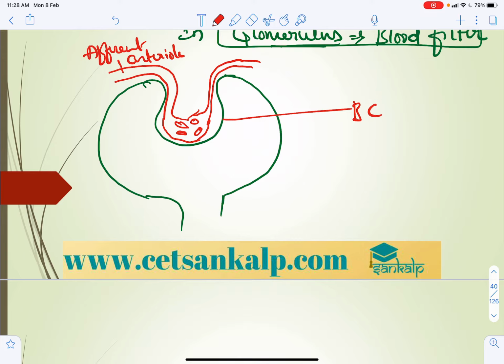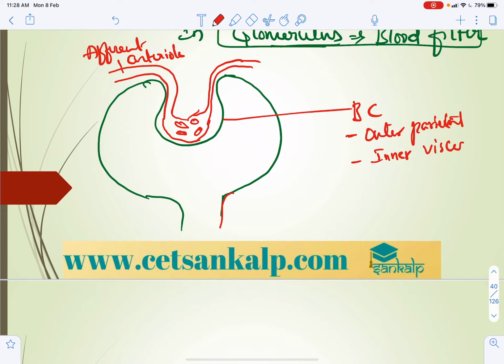The Bowman's capsule is made up of a two-layer structure: outer parietal layer and inner visceral layer.